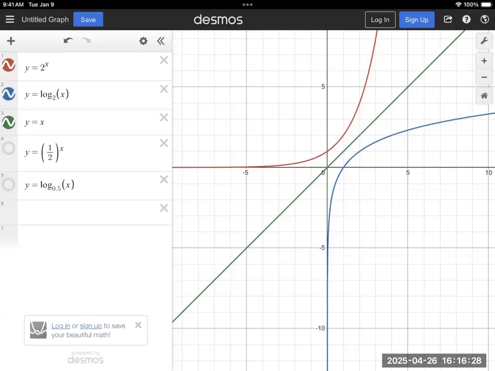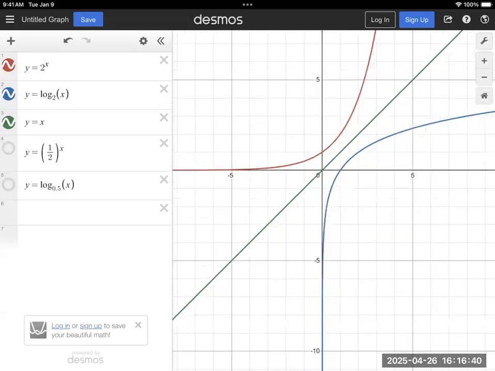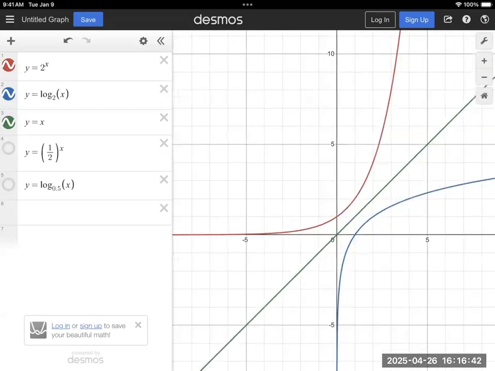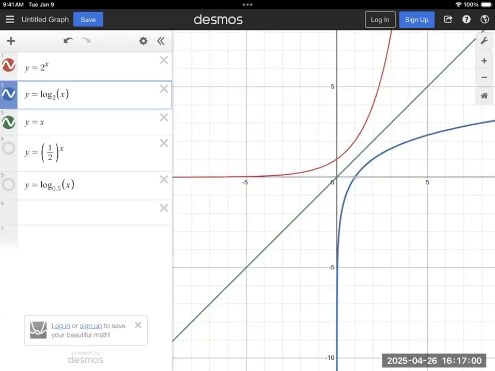So if the green line here that you see is the y equals x line, then you can see that the red curve is what 2 to the x looks like. And then the blue curve is what log base 2 of x looks like. And you can see how they are indeed reflections of each other. Okay, so this is all fitting together with what we know about inverses.